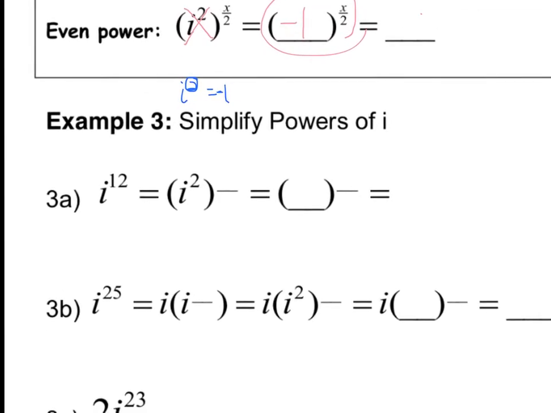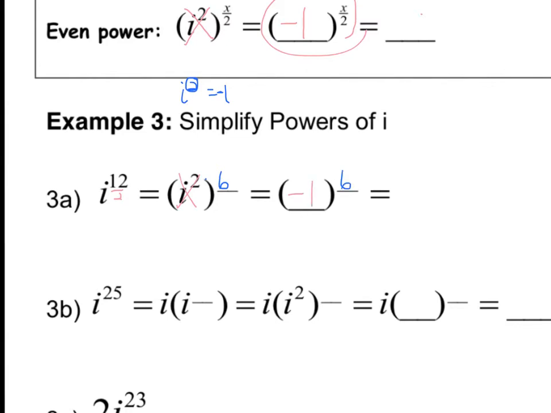What we're going to do is rewrite i to the 12th as i to the 2nd to the, what's 12 divided by 2? 12 divided by 2 is 6. That way 2 times 6 equals 12, and we've just rewritten it. Next, we will cross out the i squared, and we'll have -1 to the 6th power.